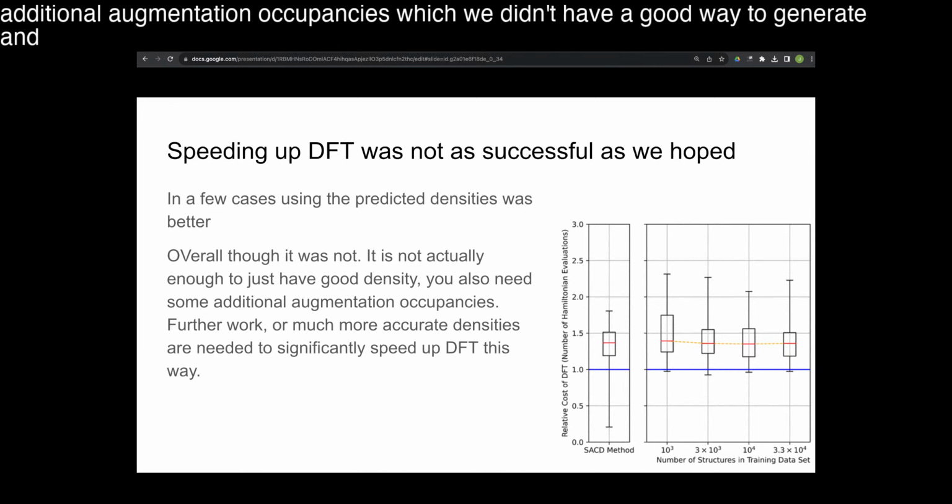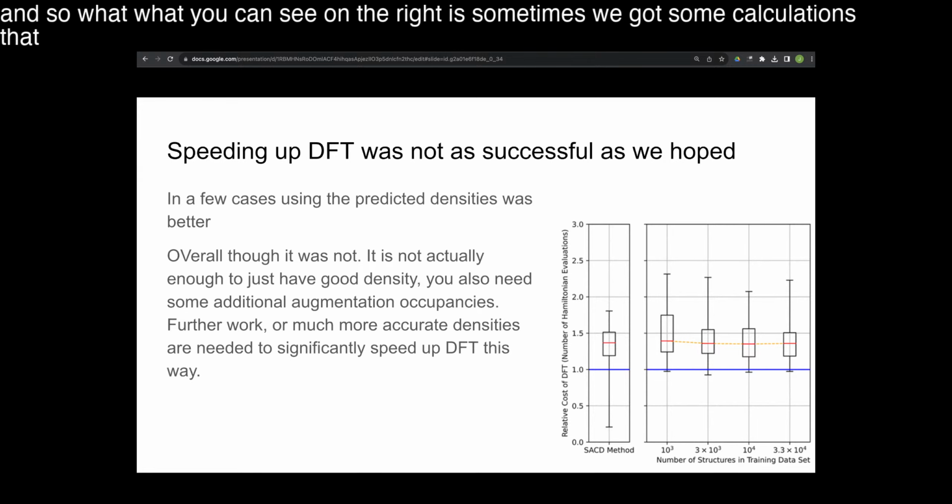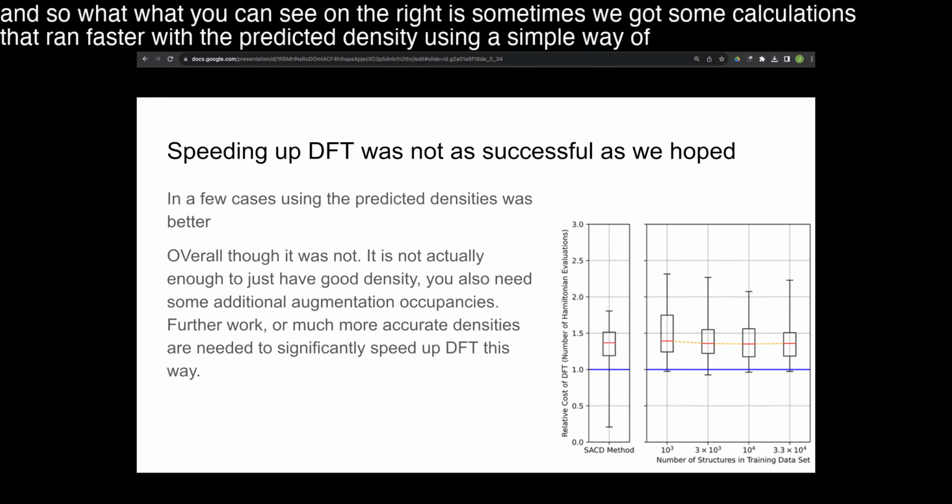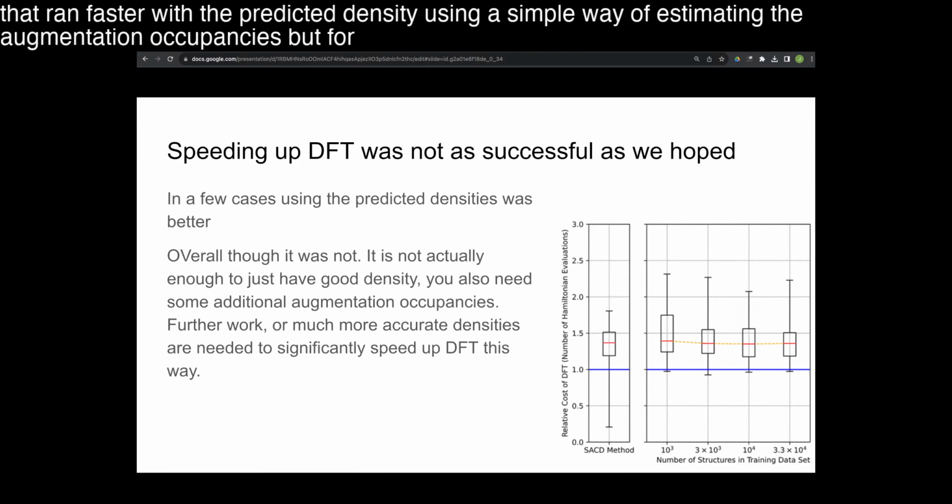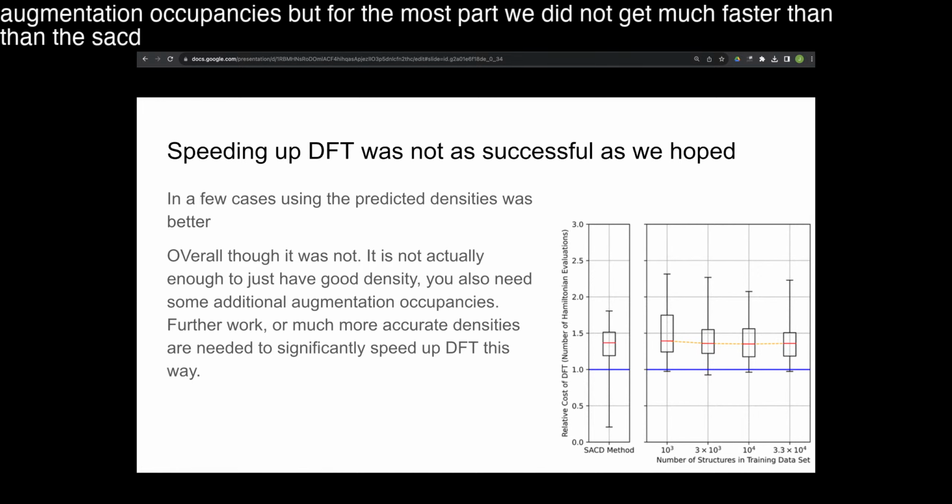And so what you can see on the right is sometimes we got some calculations that ran faster with the predicted density using a simple way of estimating the augmentation occupancies. But for the most part, we did not get much faster than the SACD. Now, this also has some subtle points.